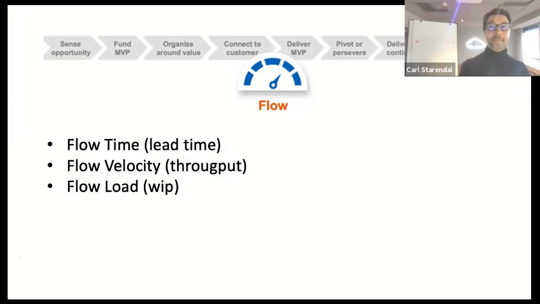And the third I would suggest, and I'm coming to the business value there in a moment, is the flow load. Here I'm looking for the number of ongoing features. Like you said, we have 50 things ongoing at the same time. I'm looking simply at the number of features currently in flight. I also want to understand where they are in the process: how many features are we currently trying to deploy?